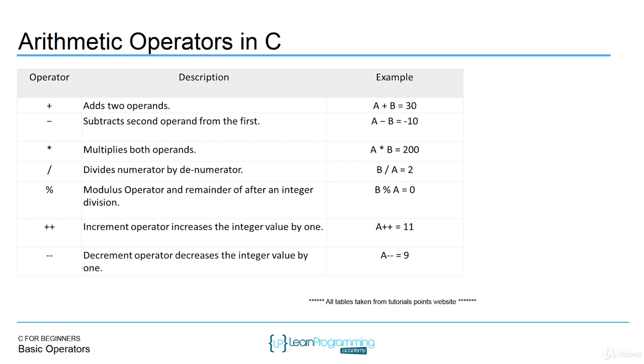Plus plus and minus minus are specific incrementation and decrementation operators. They're still referred to as arithmetic operators, but you'll see them mostly in loops when you repeat code, but not always. In this example here, you're incrementing a variable by 1. So if you do a++, whatever a was, if it was 5, it's now going to be equal to 6.